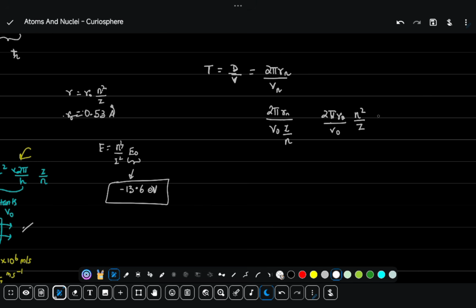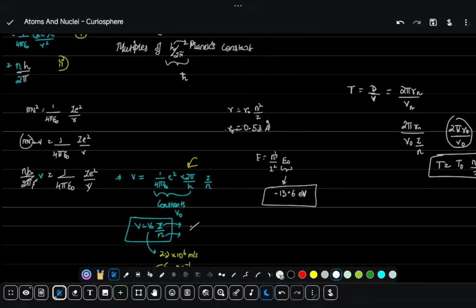The z by n will go as n by z. This is a total constant, it is T naught, n cube by z square. T is proportional to n cube by z square.